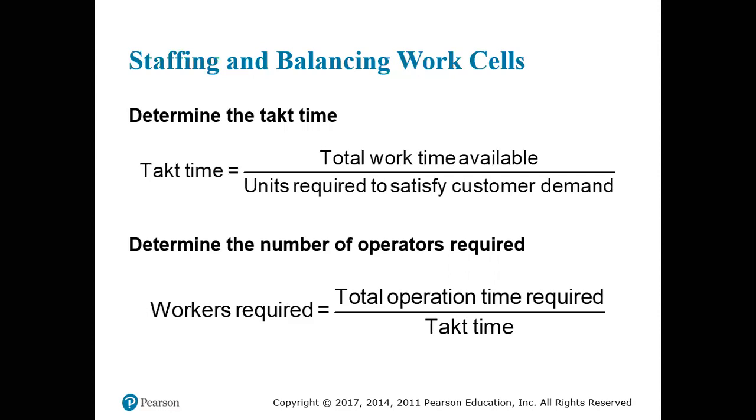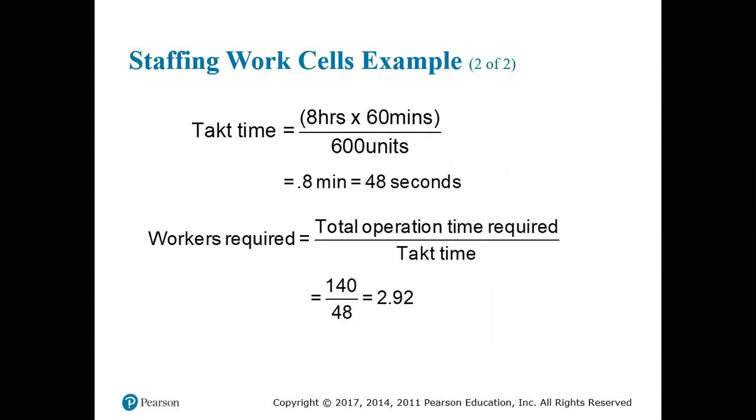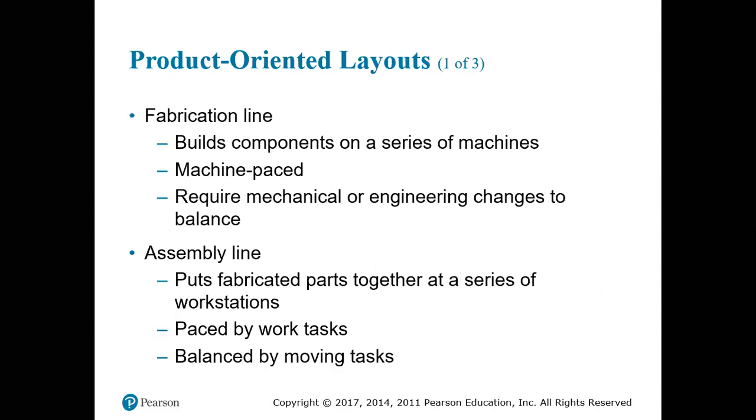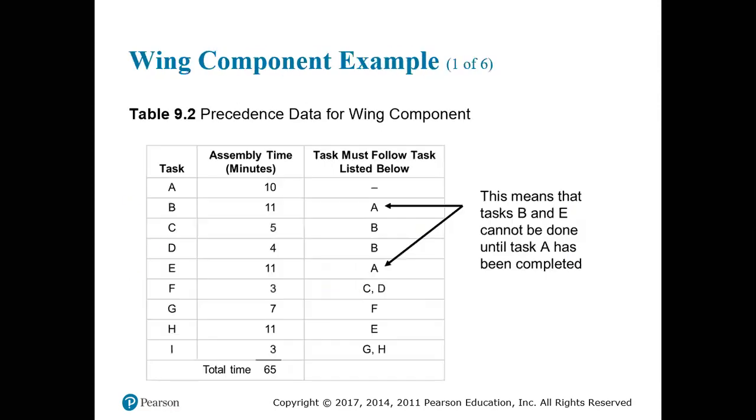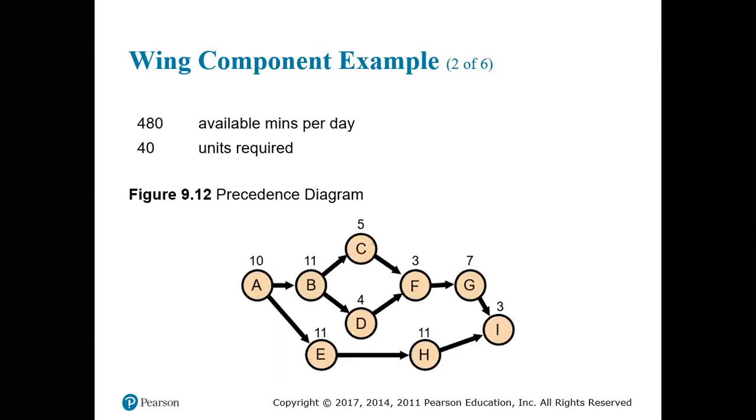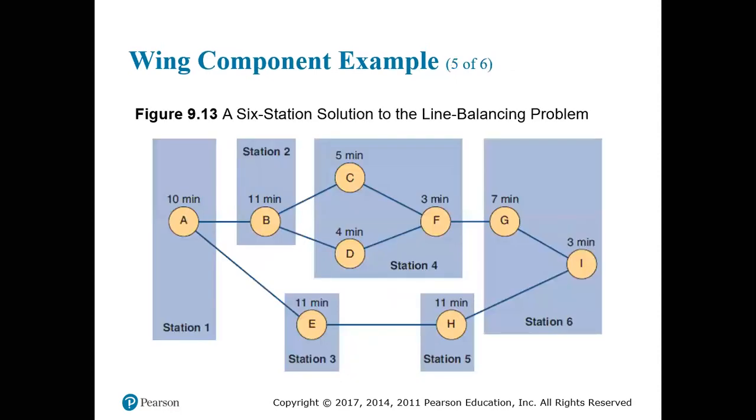So balancing work cells has to do with how do we, given that different workers do different tasks, how do we balance the amount of work that the workers do such that if we have a bunch of different workstations, okay?